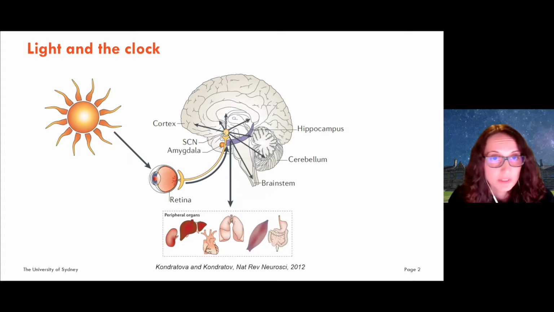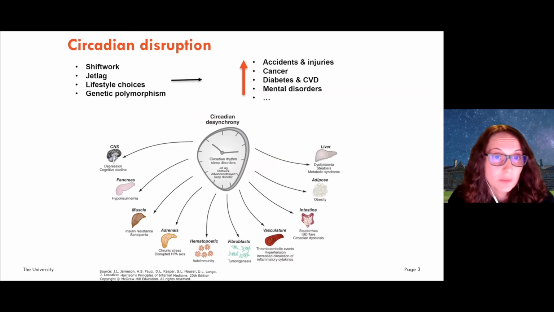But as you know, circadian misalignment does happen when we have misalignment between the environmental cues and the endogenous circadian rhythm. This, for example, can be seen in shift work or jet lag, with lifestyle choices when you choose to go to sleep too late, for example, and wake up early, or you can have circadian disorders that result in circadian disruption.